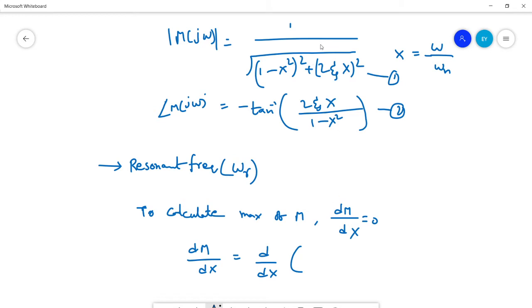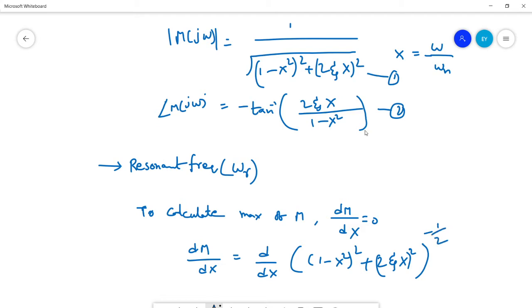I can write this as minus 1 by root 2, because this root I can take it as 1 by 2. If it is 1 by something root, then I can write it as a negative term: (1 minus x square) whole square plus (2 zeta x) square, whole power minus 1 by 2.